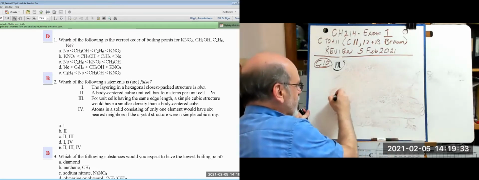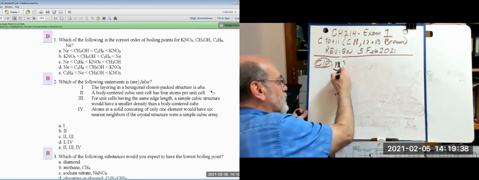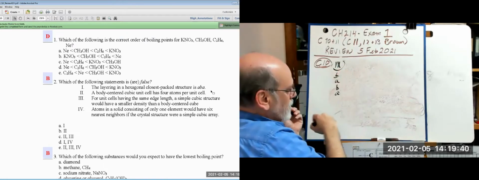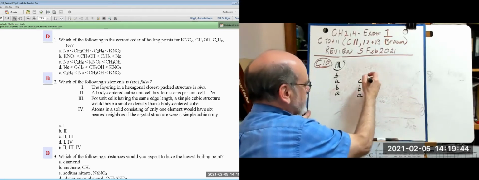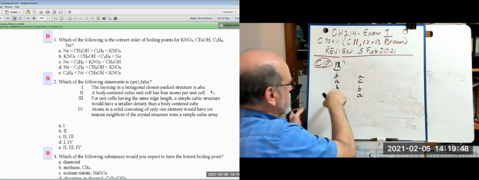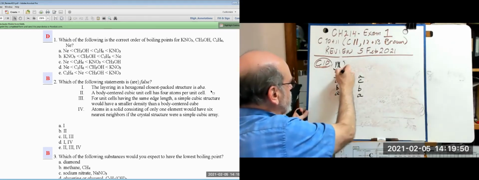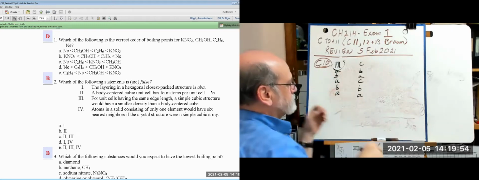You got A, B, A layering, and then it starts over again with B again. Or you got A, B, C, and then you start over again. Let's see, A, B, A, C, A, or A, B, C, A, and then you just keep going like that.